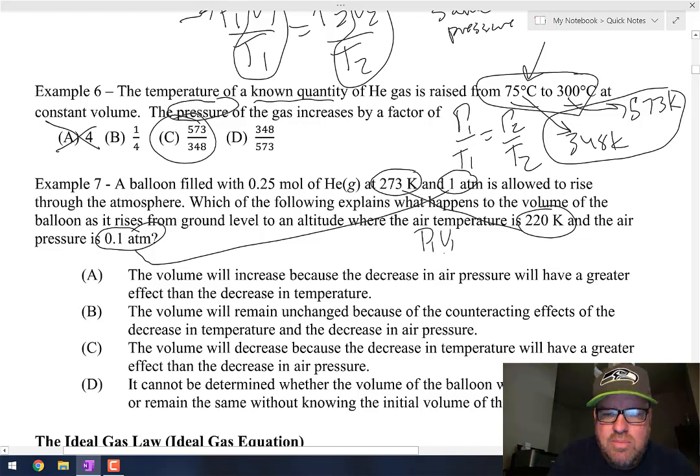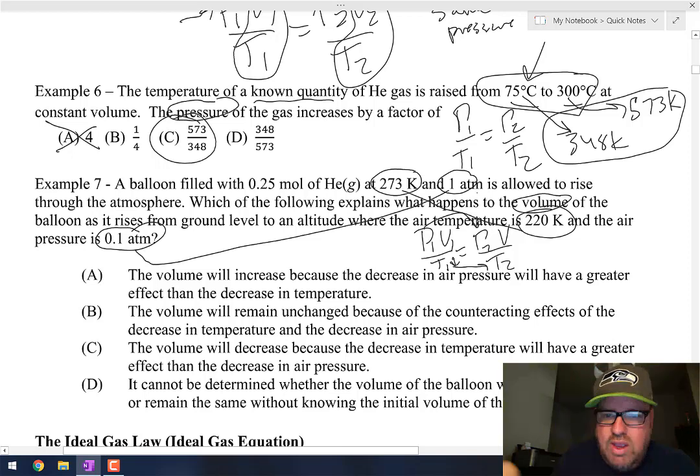So think about the combined gas law all put together here, since they're asking us about the volume of the balloon. So temperature does go down a little bit, from T1 to T2, but the pressure goes down again by a factor of 10.